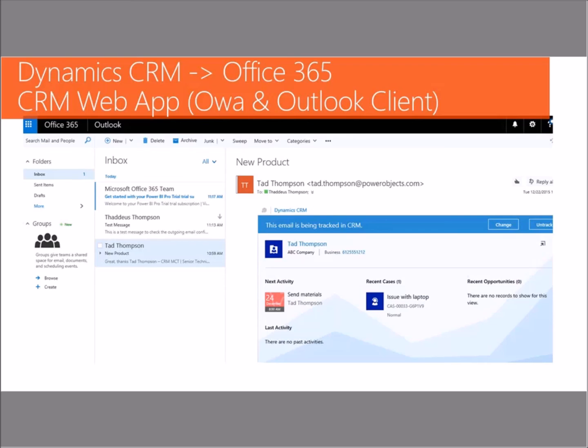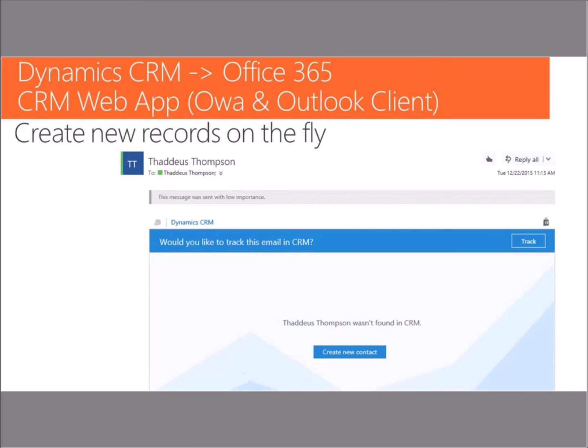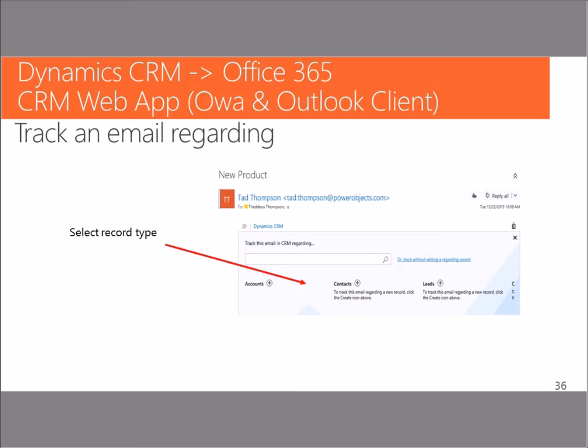It's pretty neat. We're beginning to see more features added to the CRM web app. Create records on the fly with one click, much like the Outlook CRM client, and track an email related to an existing account, contacts, or create one on the fly. Again, we're seeing that overlap between the CRM web app and the Outlook CRM clients.